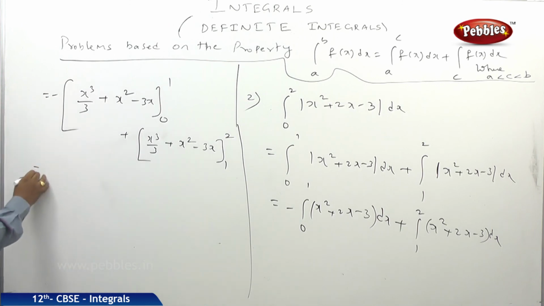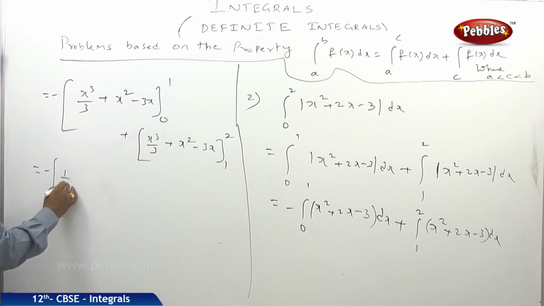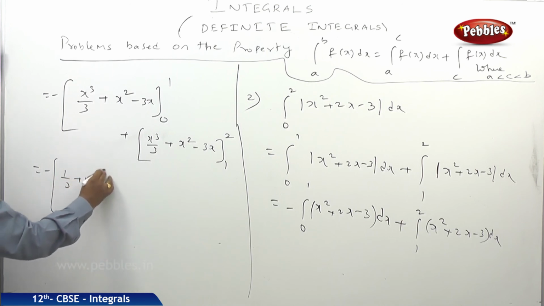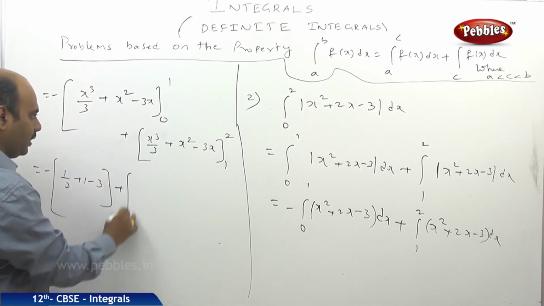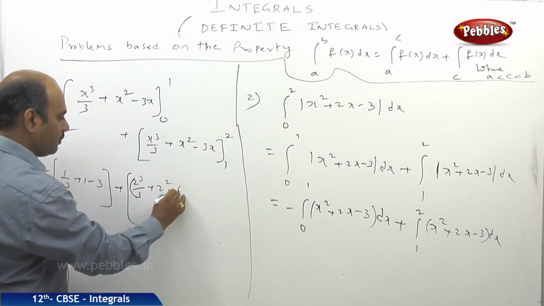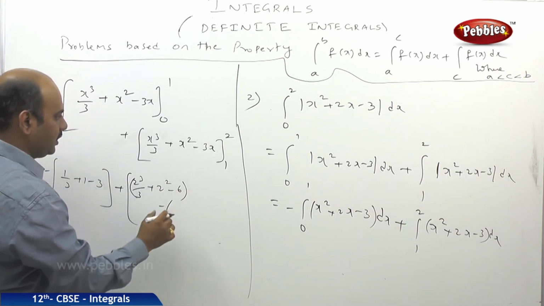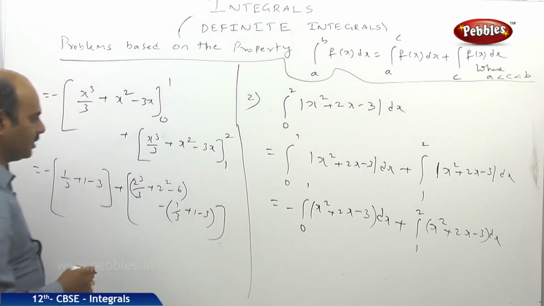So that is equal to minus of: substituting 1 for x we get 1 by 3 plus 1 minus 3, and substituting 0 it becomes 0, plus 2 cube by 3 plus 2 square minus 6, minus of 1 by 3 plus 1 minus 3.